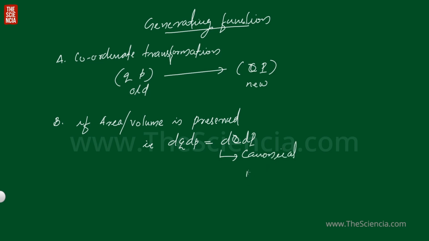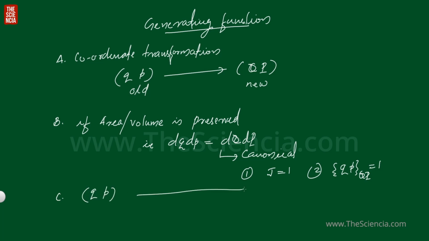That is, if it is a canonical transformation, then the Jacobian will be equal to 1, or the Poisson bracket of Q, P will be equal to 1. And how can we do this canonical transformation? That is, from qp, an old set of coordinates, to a new set of coordinate system.